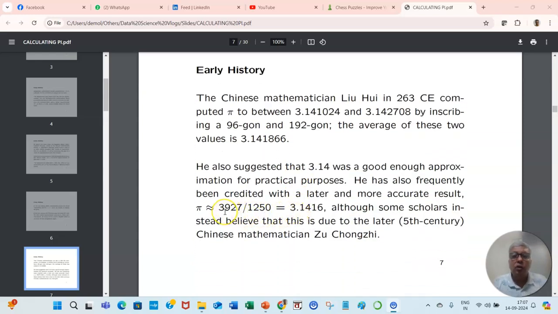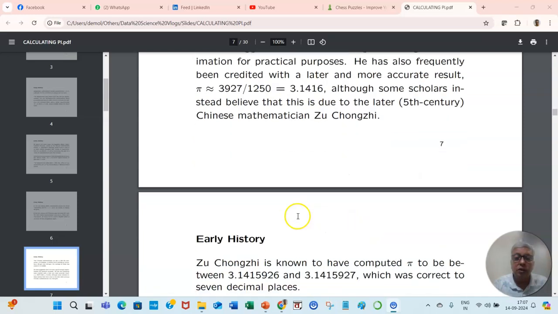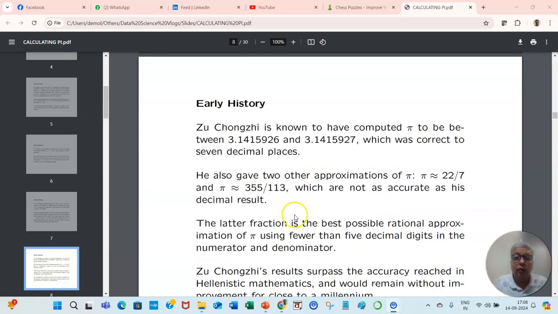Another approximation of pi used was 3927 by 1250. So these are all approximations, and the actual value is unknown to us. It's never possible to express pi exactly using a decimal approximation.